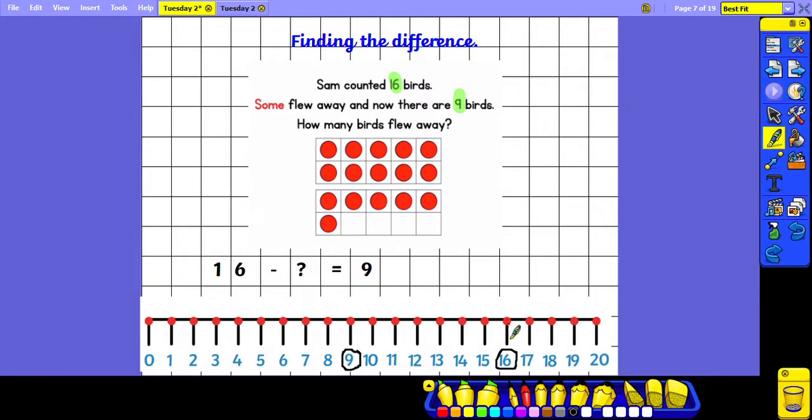So what I'm going to do is I'm going to do one big jump from 16 to 10. And you can see that by looking at the 10 frames. So I'm going to jump 1, 2, 3, 4, 5, 6.